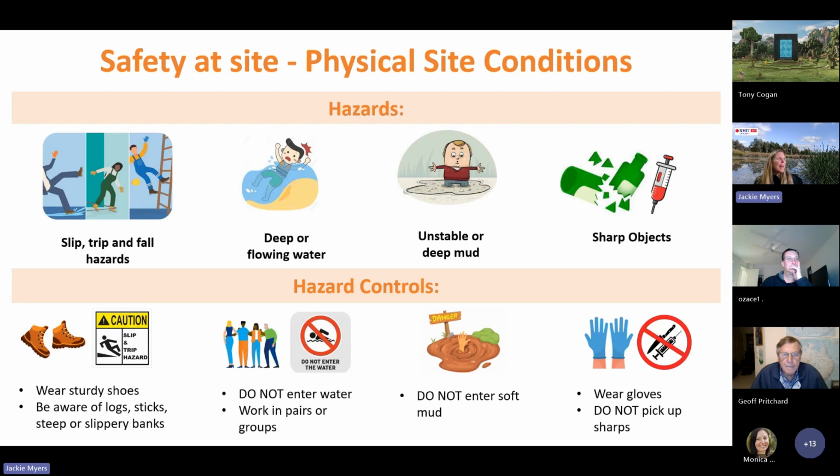The last one on there is sharp objects. So we could have broken glass or items like syringes present at sites, especially in areas where we do see some rubbish. And this can pose risks of illness or injury. We really would just say avoid picking up any sharp objects or rubbish.